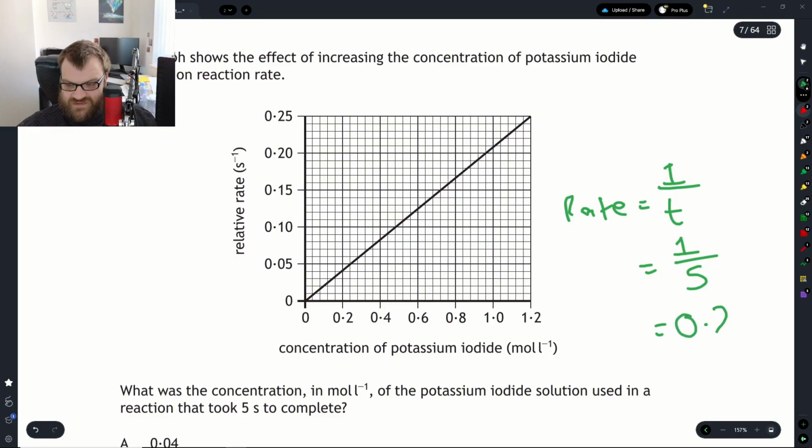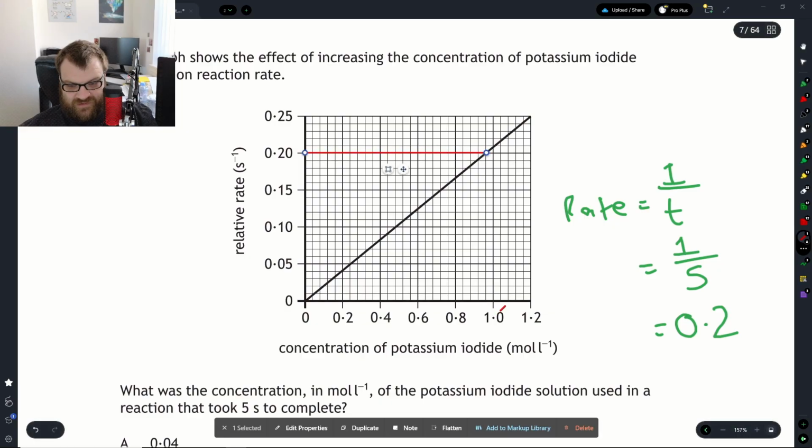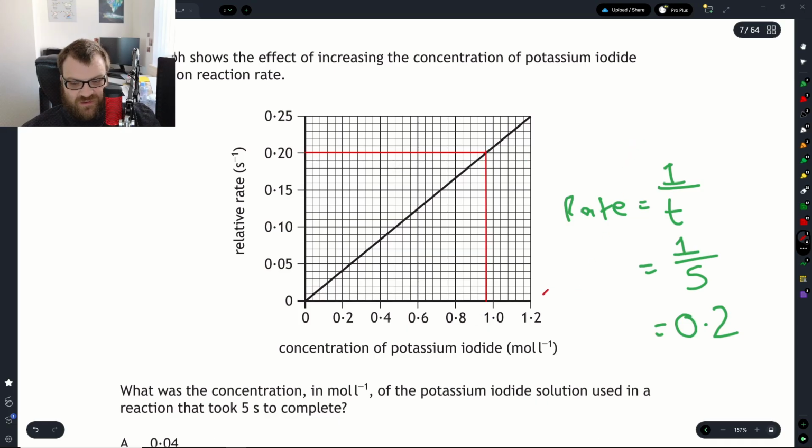That's going to give us 0.2. And then find 0.2 on our graph here. Run that across. Run that down. We get that we're 1 box away from 1.0.